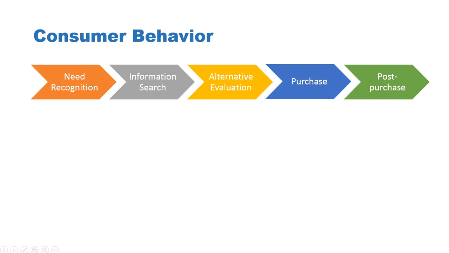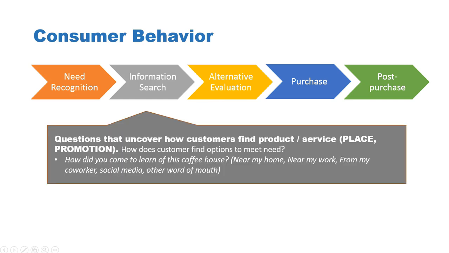And the kinds of options you might offer are things like near my home, near my work, from my coworker. I learned of it in social media, other, or word of mouth. And if you do choose the option other, be sure to include a blank space where consumers can go in and fill in how it is that they learned about the product or the service.